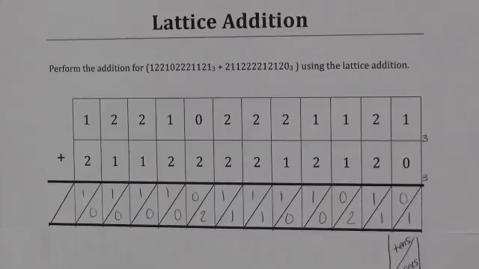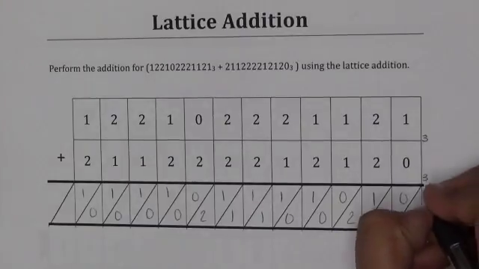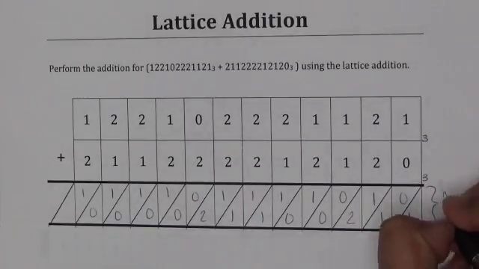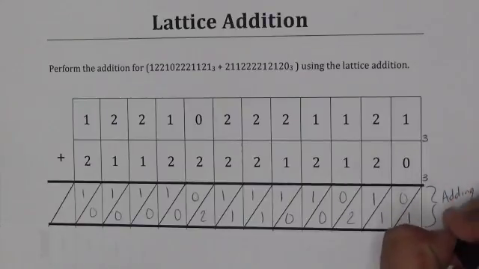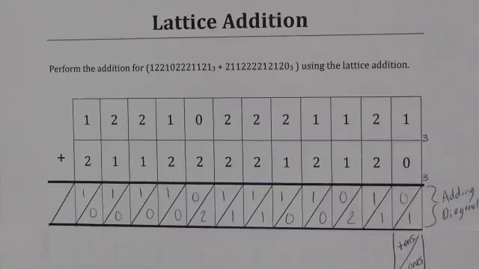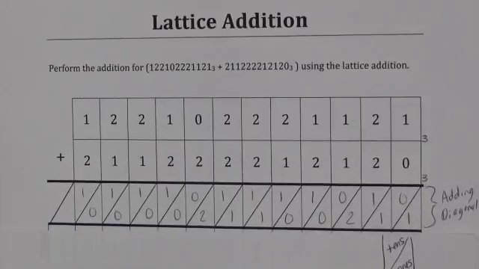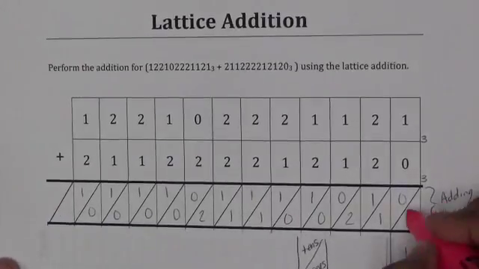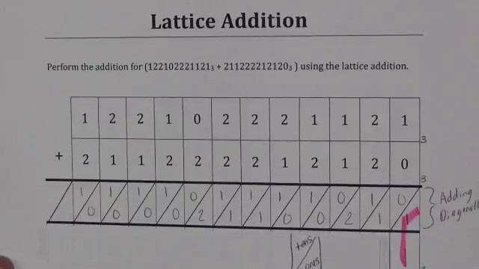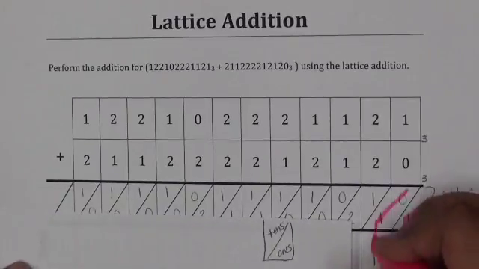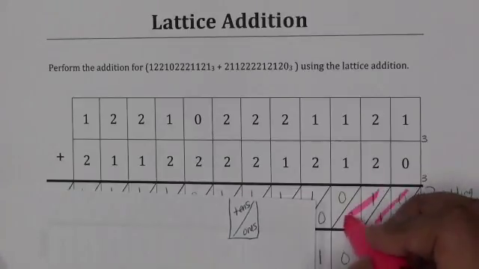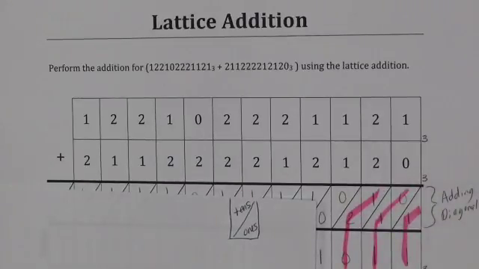Also, another thing to note in the lattice addition is right here we are going to be adding diagonally. Just gonna highlight the first three as an example. 1, there's nothing to add with 1, so it stays the same. 0 plus 1 is 1. 2 plus 1, however, remember, since we're doing in base 3, 2 plus 1 equals to 3, which in this case you can't put 3.